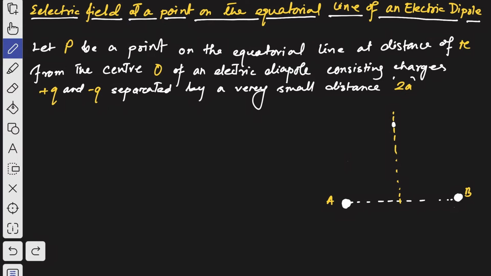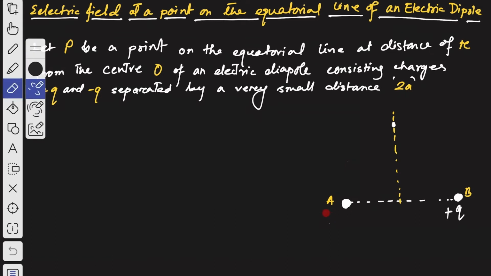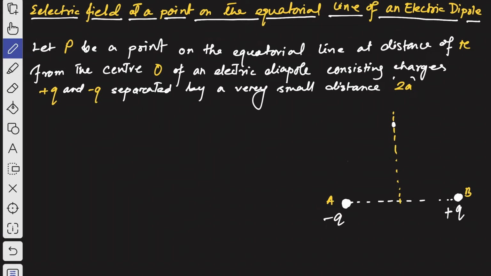So now our next topic is the electric field at a point on the equatorial line of an electric dipole. Here we have an electric dipole, consisting of two equal and opposite charges. Let me take this one as positive q and this one as negative q charge, and here is the center of this dipole.